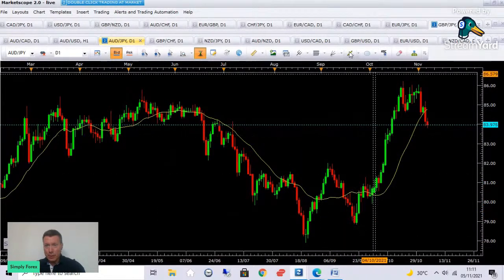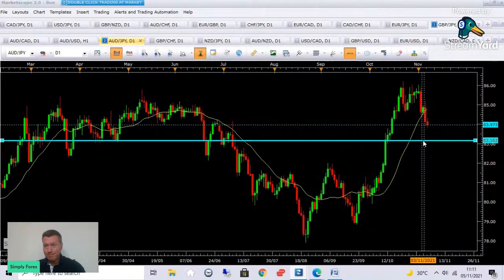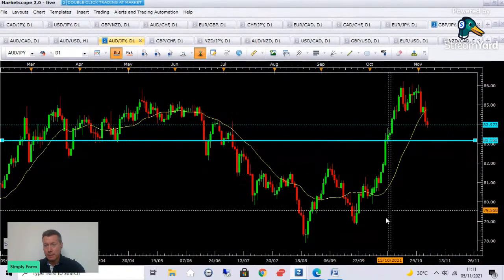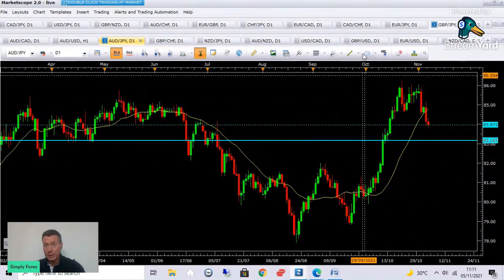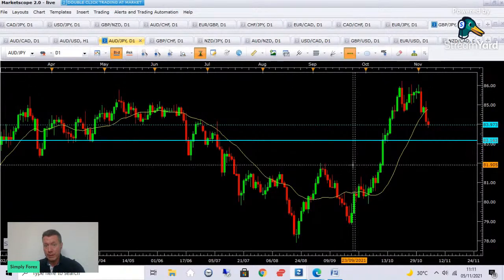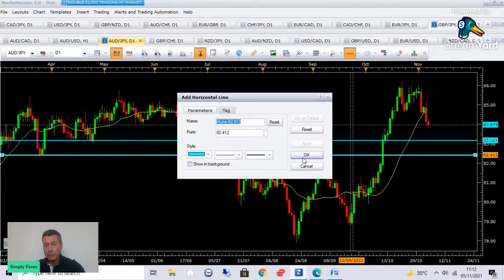Let's, I might try and take it down to, let's say, around 83.16. It's quite a conservative target. I think price could come down to potentially as low as 82.41.